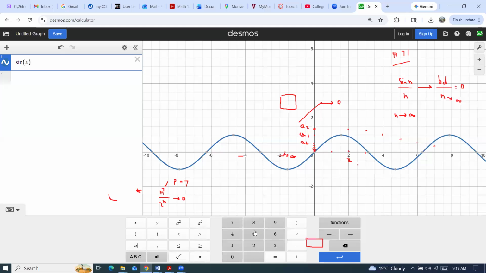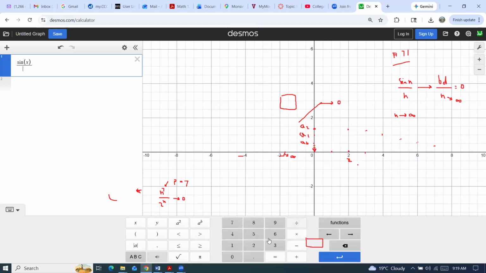But that's not what I need. I need to divide it by x, right? And you can see the sine starts to fade down and get closer and closer to 0. So y coordinates get closer to 0 along the y-axis, and actually they turn into the x-axis.